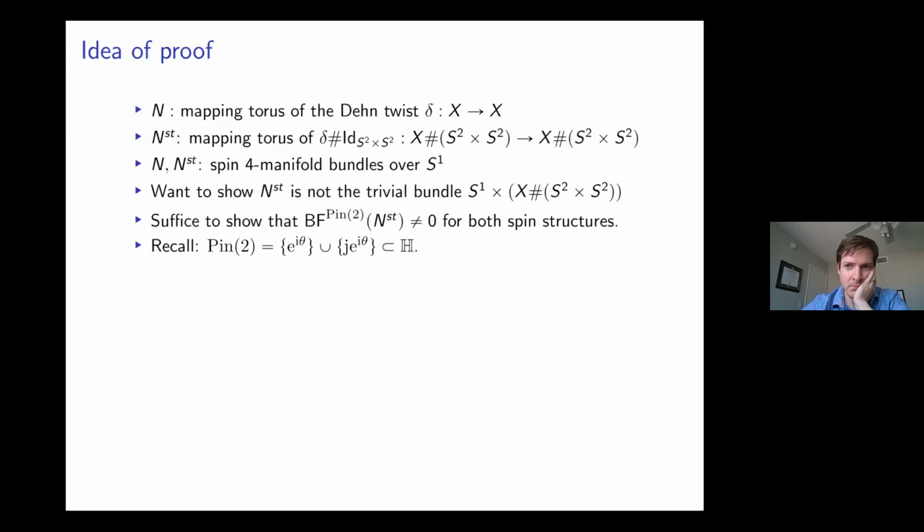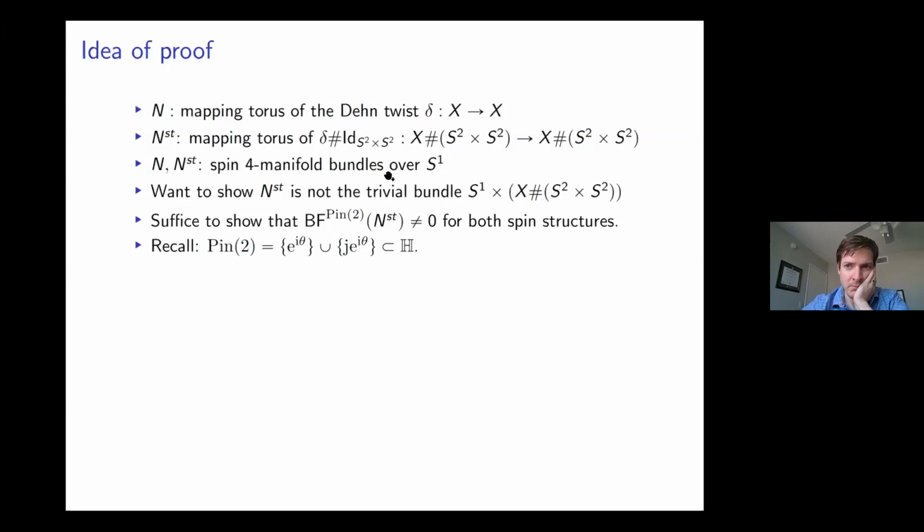If you take non-diffeomorphic four-manifolds and cross them with S1, they become diffeomorphic five-manifolds, but not as bundles. Oh, I see. Yeah, so we treat these as four-manifold bundles, not just five-manifolds. Okay. Thank you. All right, let's continue.